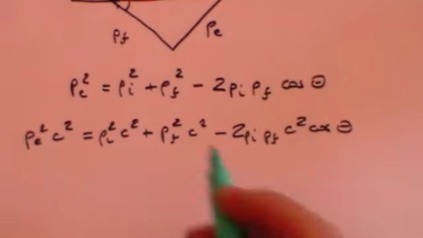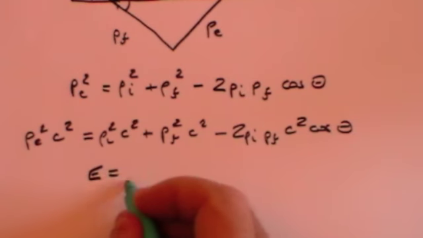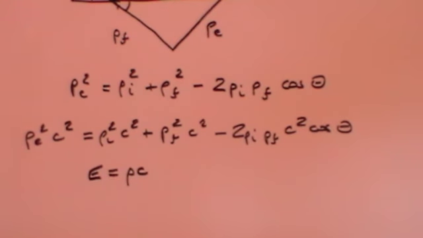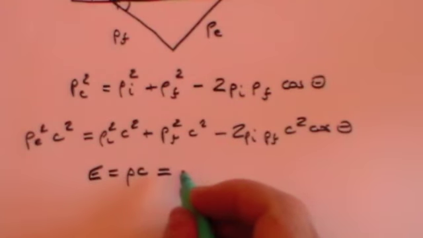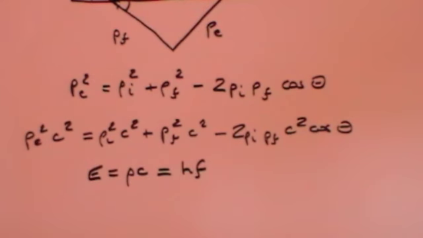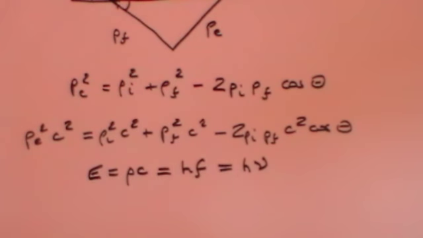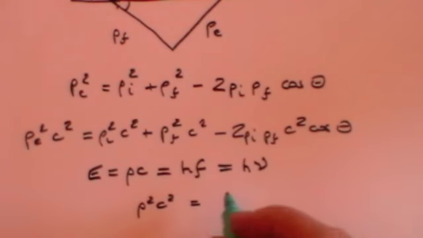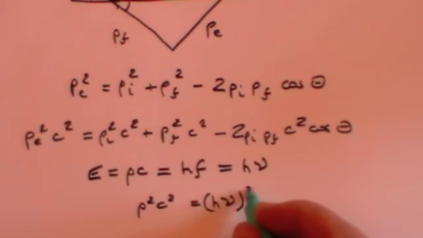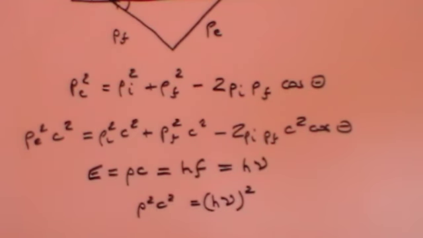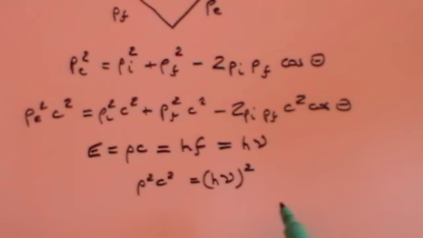Now a reminder of an identity: energy is equal to p times c, the momentum times the speed of light, but it also equals h times f, or in our terms h times nu, h times the frequency. Consequently, wherever we have a p squared c squared term, we can replace that by an (h nu) all squared term. Incidentally, obviously that only applies when you're talking about photons.